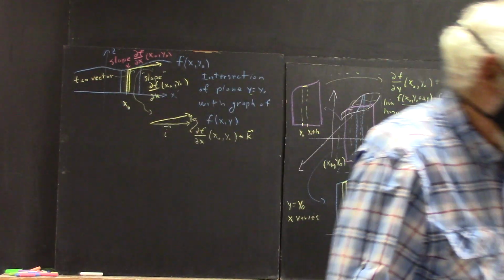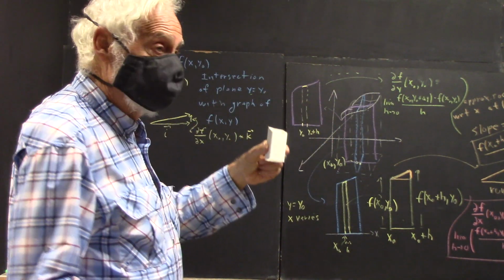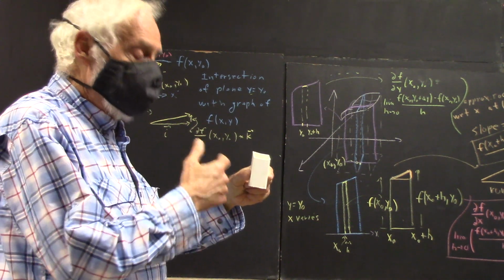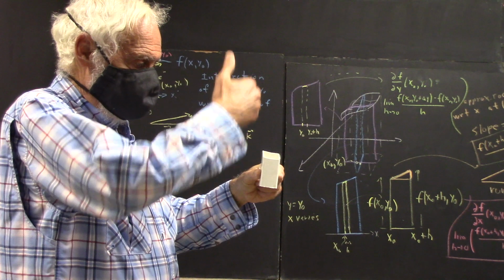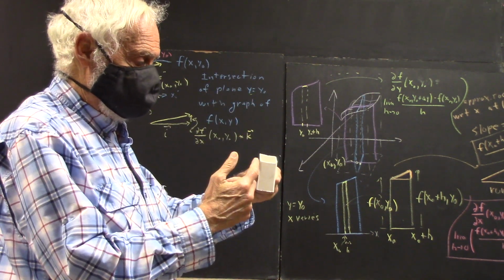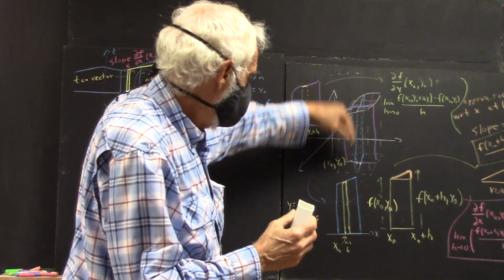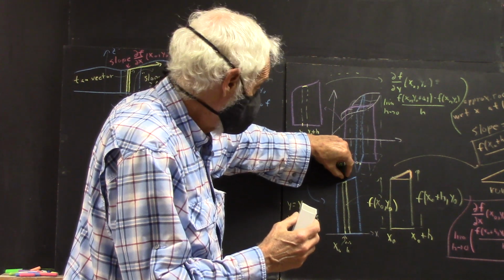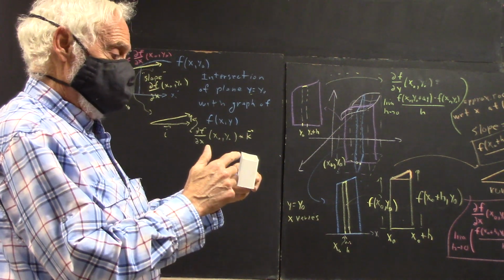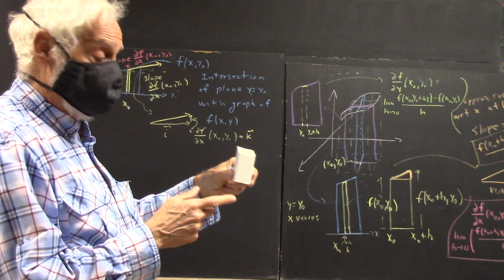Well, all that is, if we take our little friend here, we have kept y constant. So here's our xz plane, and here's this segment, and the slope at this point is the partial of f with respect to x at the point x naught, y naught.